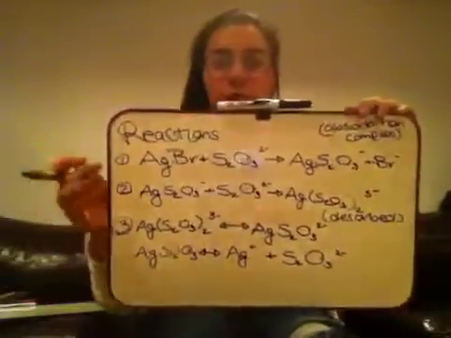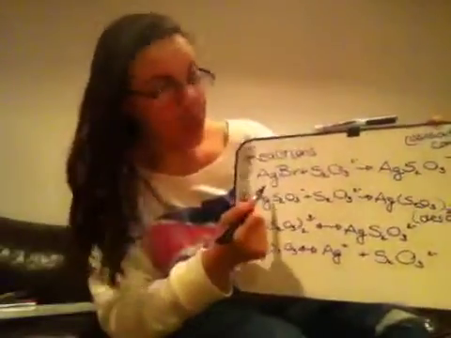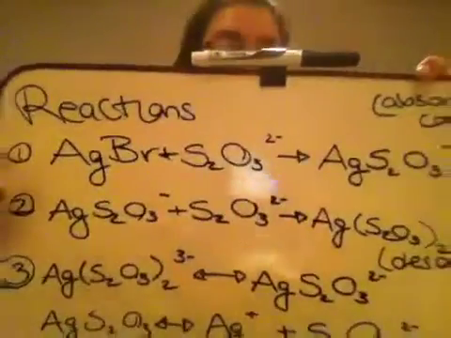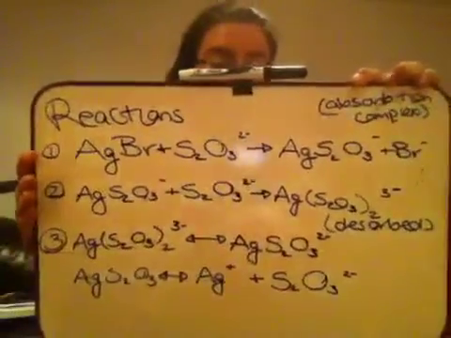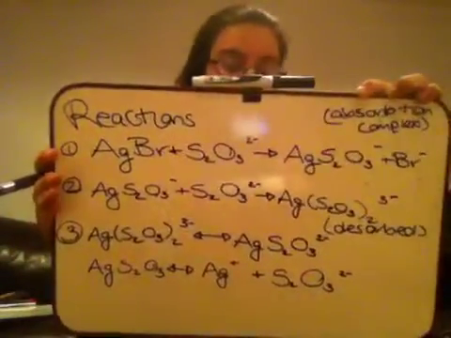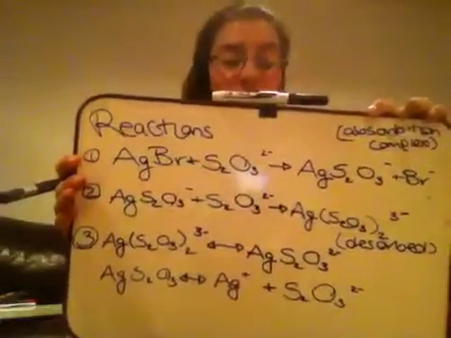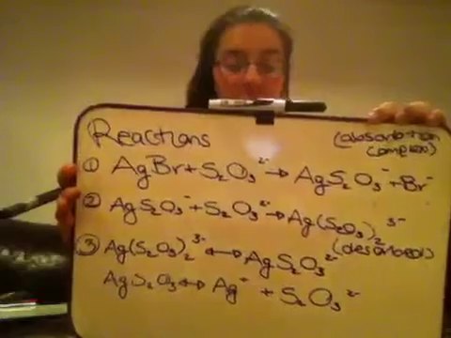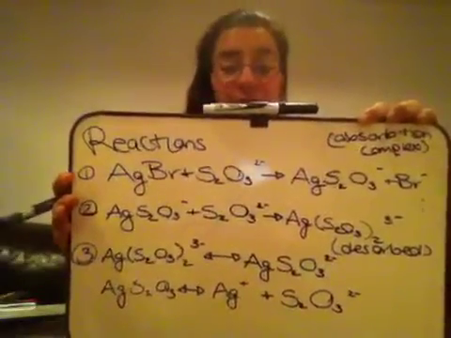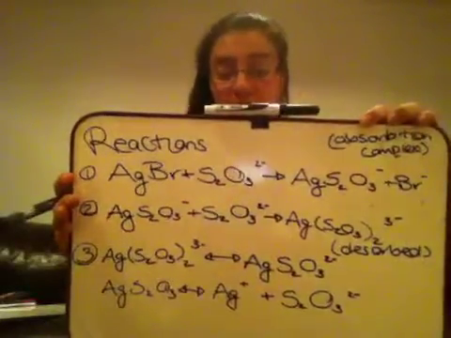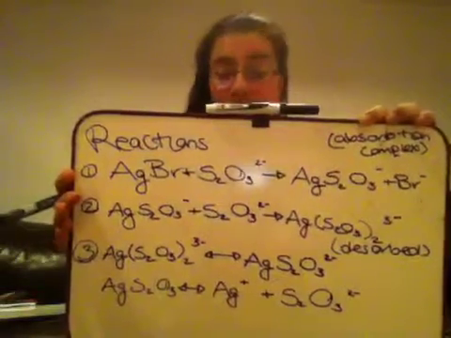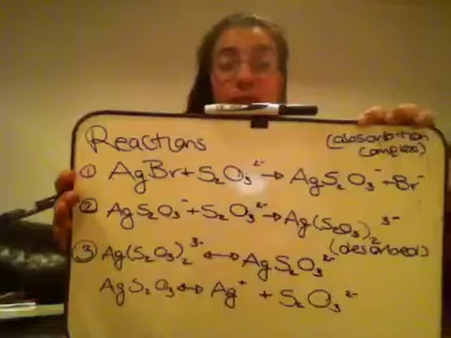On the first one, it's AgBr, which is silver bromide, as we've said before, plus S2O3, which has a 2- charge, and that becomes AgS2O3 minus, plus Br minus, and it's an absorption complex.